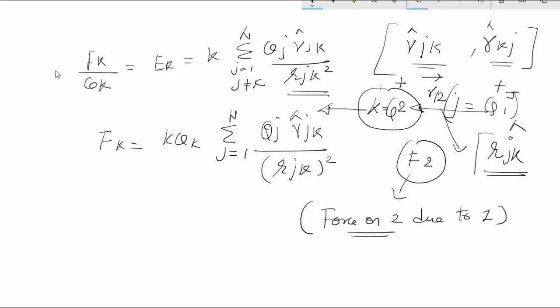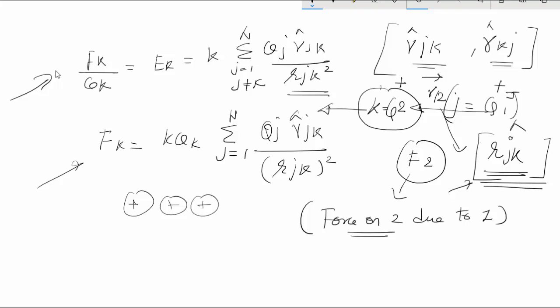You'll have to consider the direction of the unit vector based on the polarity of the charges. If nothing is specified while you are calculating a problem, it is assumed that all the charges in the system are positive, unless it is specifically specified that Q1 and Q2 are positive while Q3 is negative.